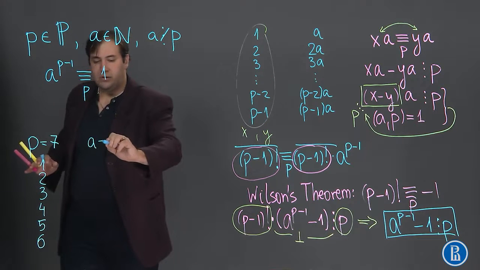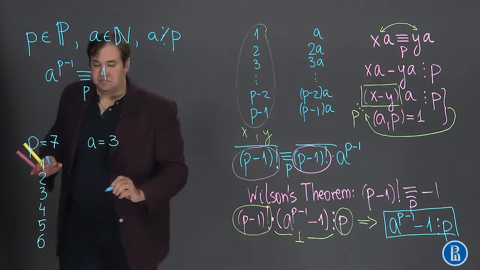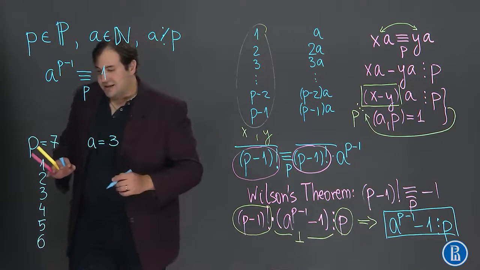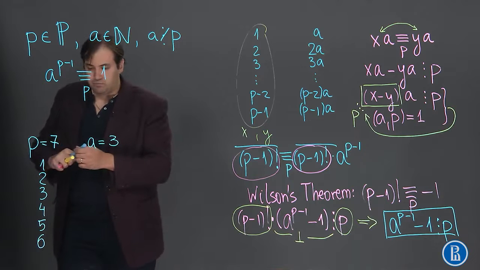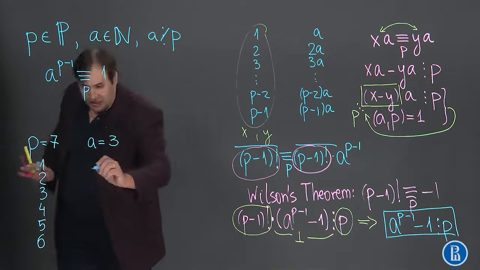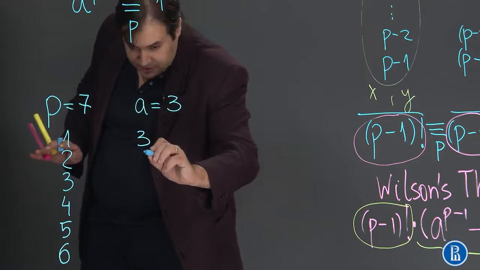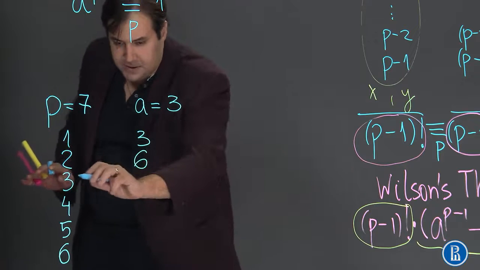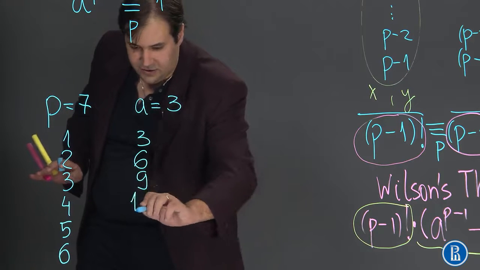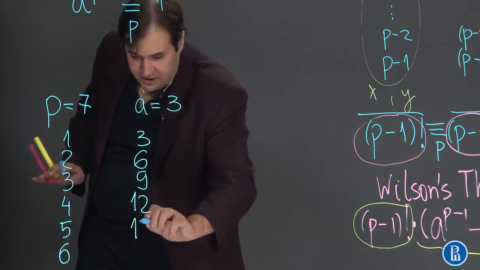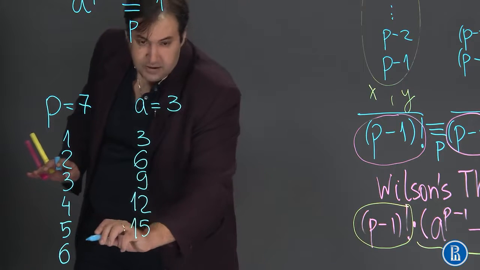Let's say a equal to 3, which is of course not divisible by 7, and multiply all these numbers by a. So we gain 3, 6, 9, 12, 15, and 18.